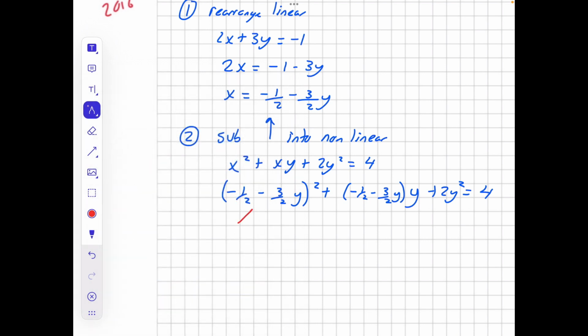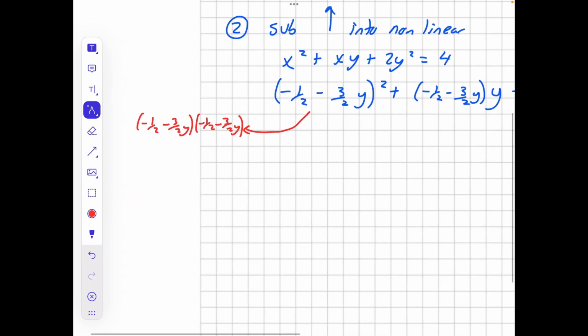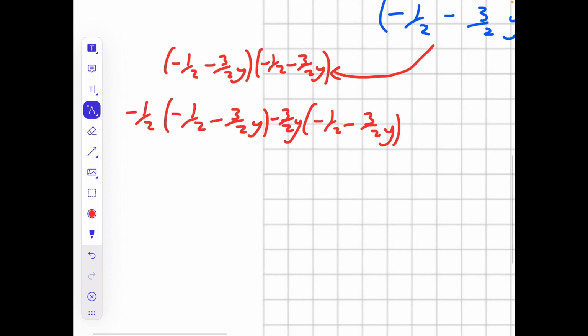Now, I'm going to go off to the side and I'm going to square out this bracket. Okay, so I'm going to write it out twice. Write down the second bracket twice. And split up the first bracket. Okay, this is messy, so just nice and slowly.